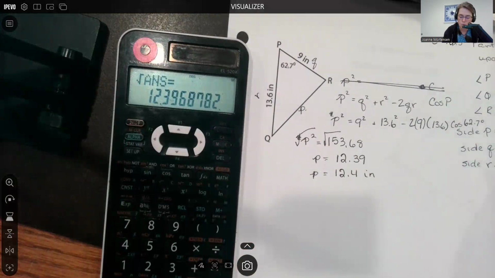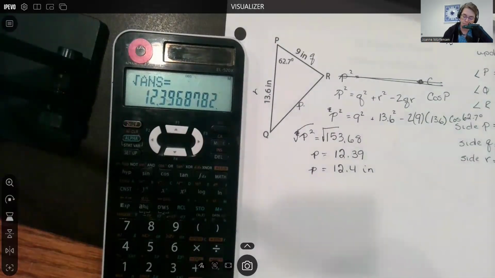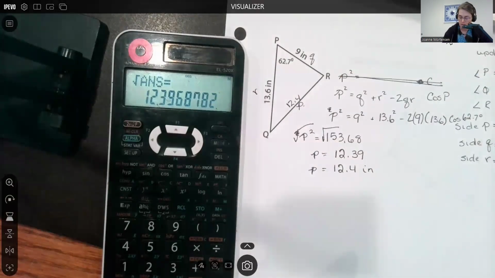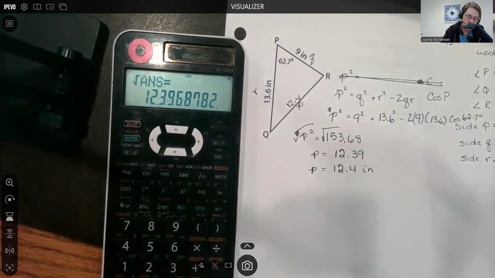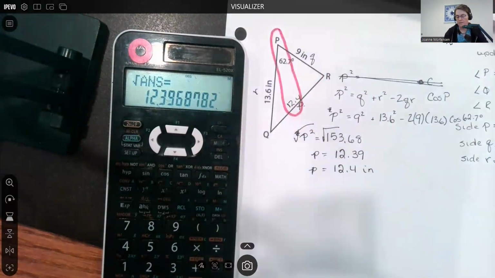So I could do, okay, I'm a sine law fan. I have now got P, which is 12.4, which means I've got a matchy-matchy pair. I can find the other one.